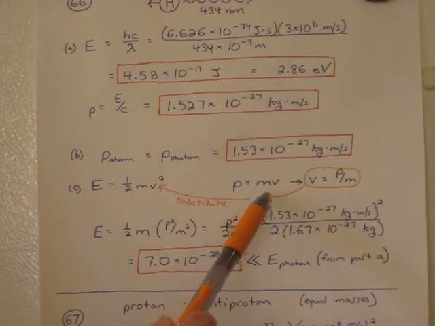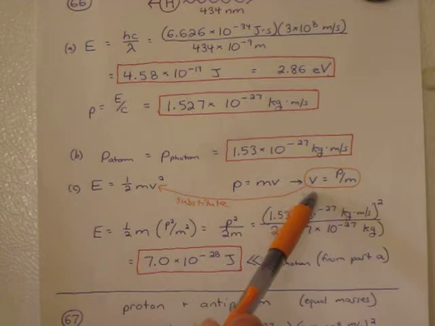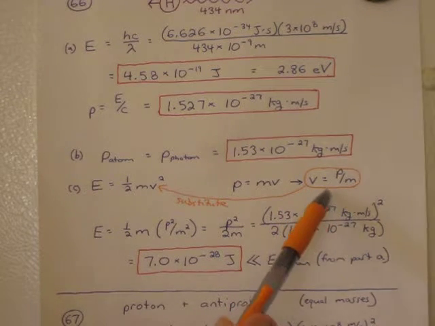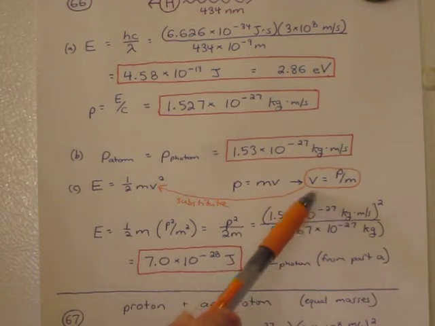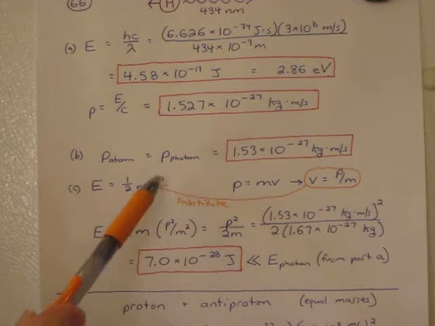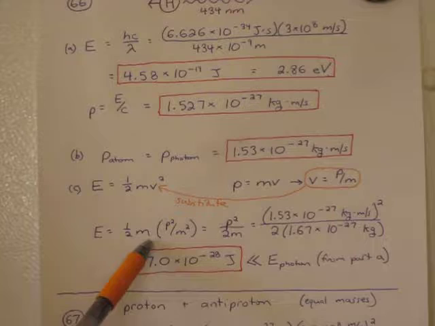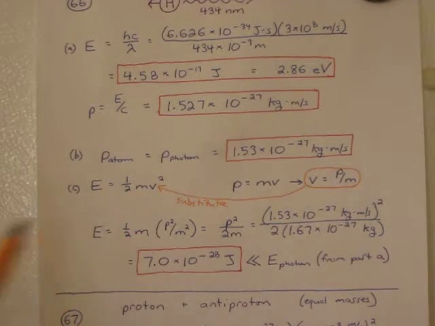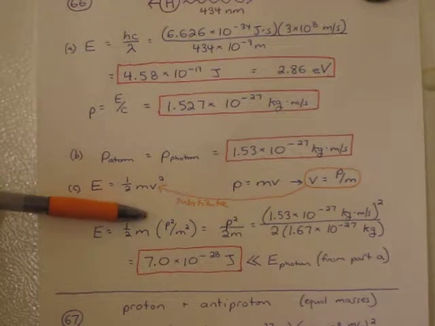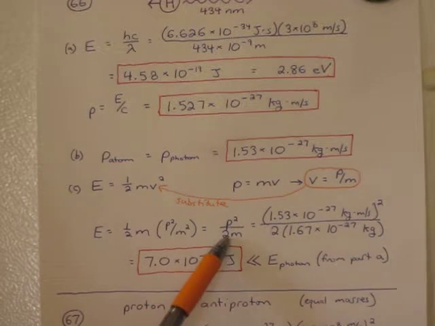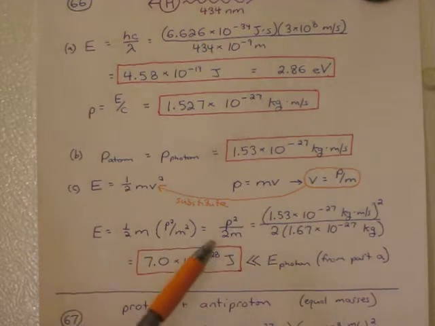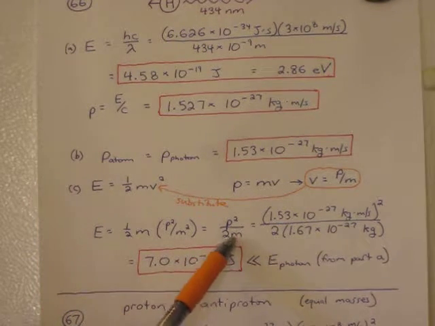If momentum is mv, then v is momentum divided by mass, and let's substitute that into this v squared. And so we get energy is 1/2 m times, instead of v squared, p squared over m squared, and that becomes p squared over 2m. So kinetic energy is p squared over 2m for the atom.